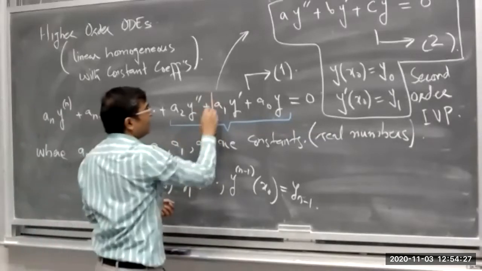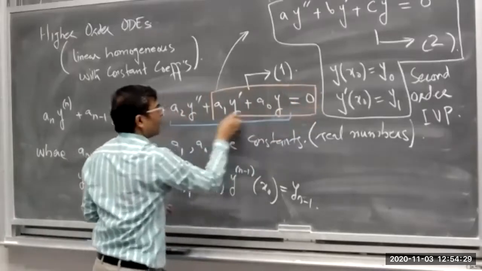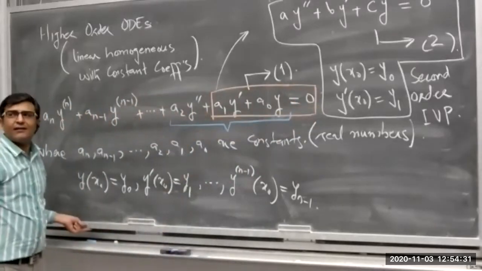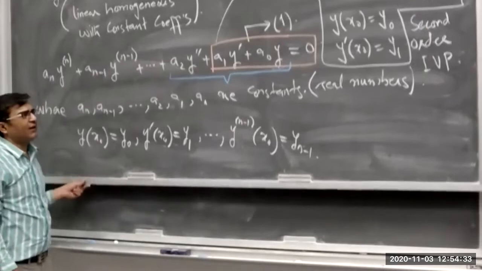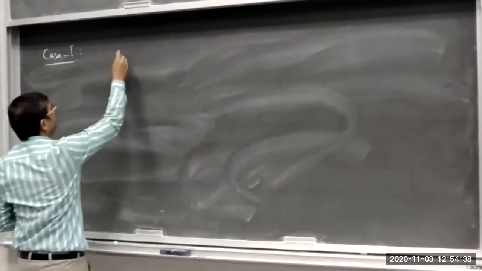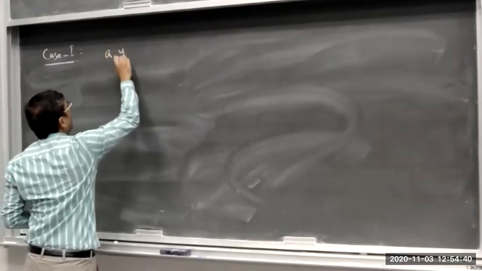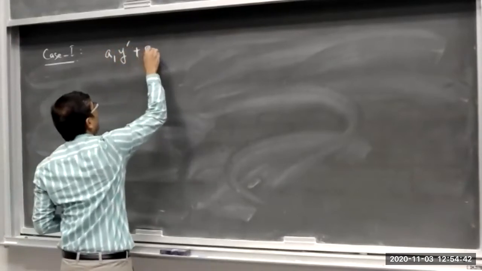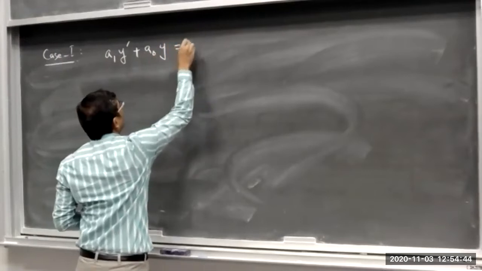You only have this equation. This is your linear first order homogeneous ODE with constant coefficients. We start with this one. It is a1 y dash plus a naught y equal to 0.